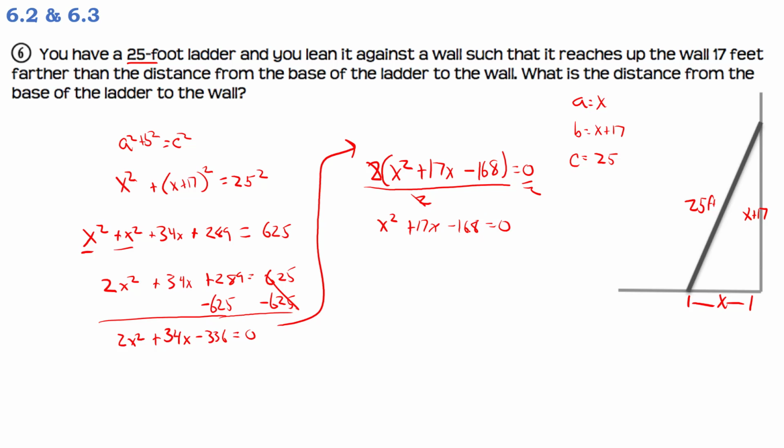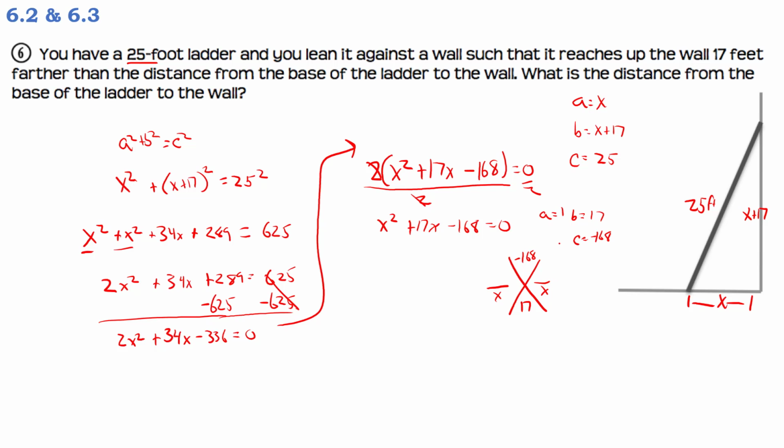Okay, so now we can do our big X to find out how to factor this guy out and what it turns out to give us. So if we do that, our A value is 1 for this setup, our B value here is 17, and our C is negative 168. So A times C is going to give us negative 168. And we need to add up to our B value of 17. So what can we get for that?